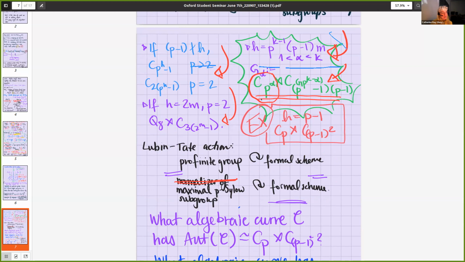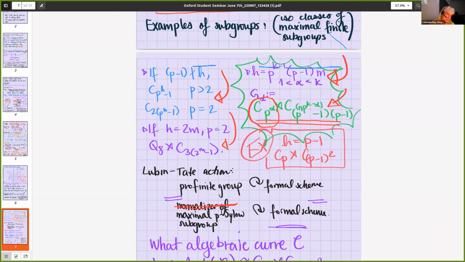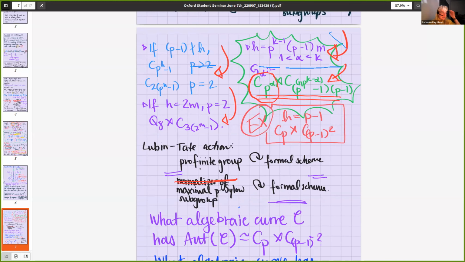This also wasn't known until my work, but understanding its normalizer is not that much harder. And the normalizer turns out to be the maximal finite subgroup. So, maybe in the interest of time, I'll focus more on just trying to understand the Z mod P to the K action.